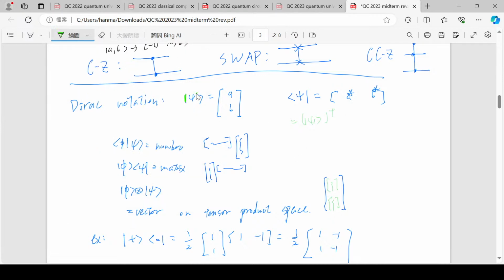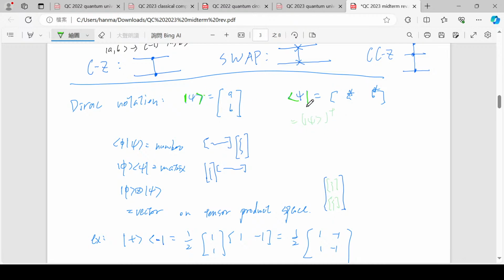This thing has a straight line and a bracket. Sorry, this is a ket, and we have a bra, which has the bracket and a straight line. And as we said, we can think of this as the dual vector. So the row vector is the dual vector of the column vector.